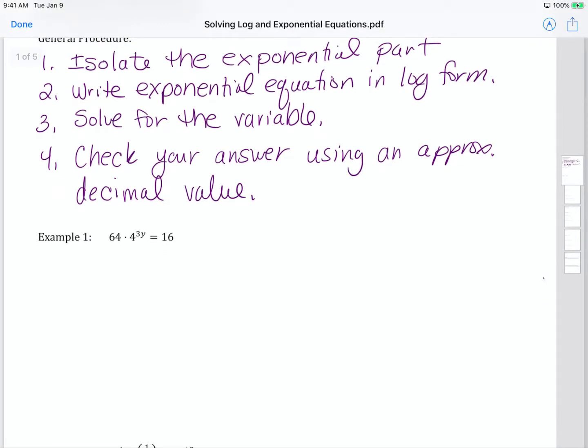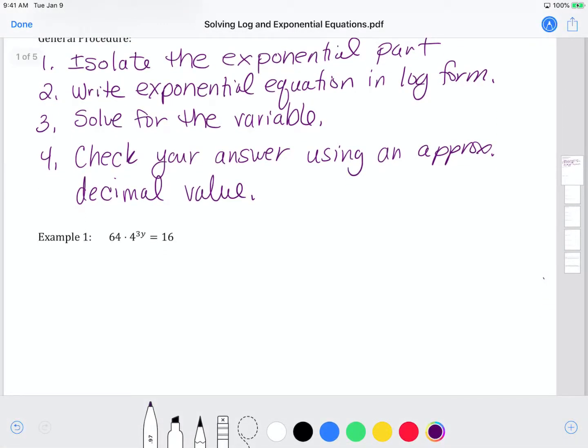Okay, so the first example, this 4 to the power of 3y is the exponential part. That is the part that has your variable in the exponent. So that is the first step.